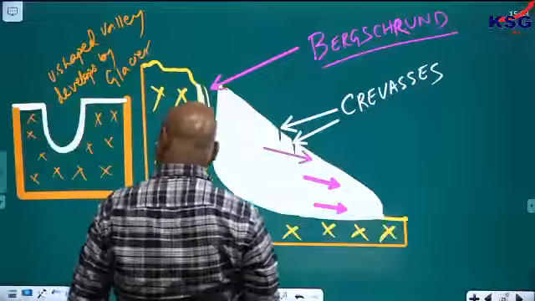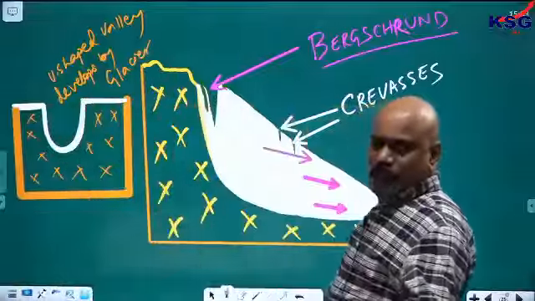Glacier always forms the U-shaped valley like this.